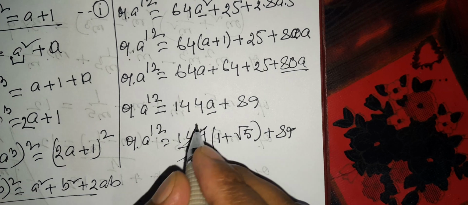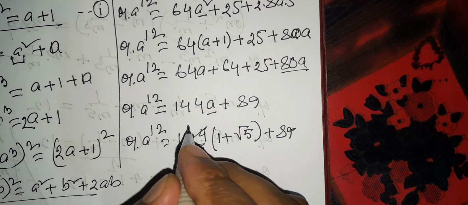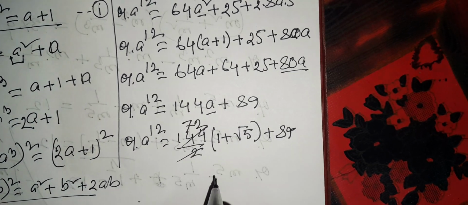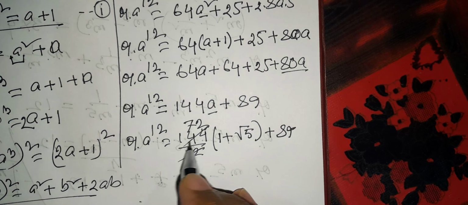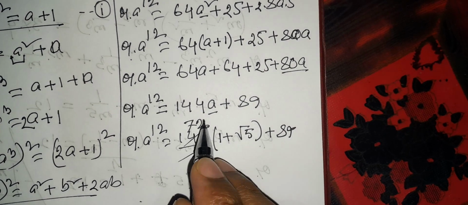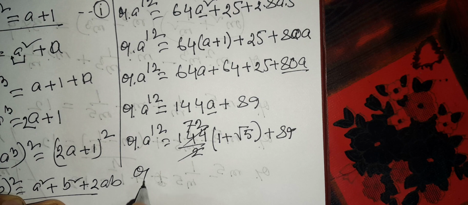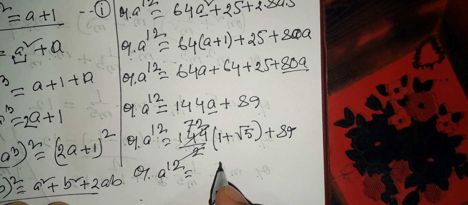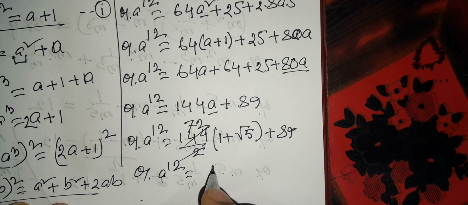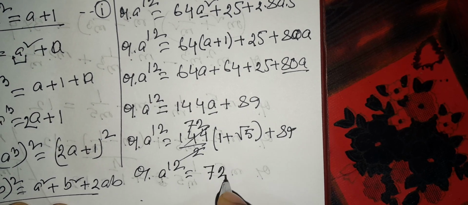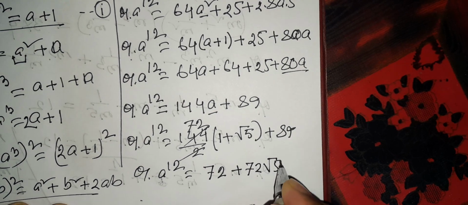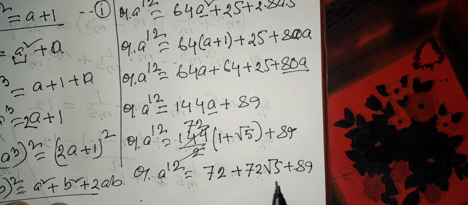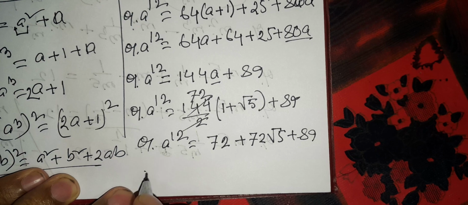Here we divide 144 by 2, which is equal to 72. So we can write a to the power 12 is equal to 72 plus 72 root 5 plus 89.